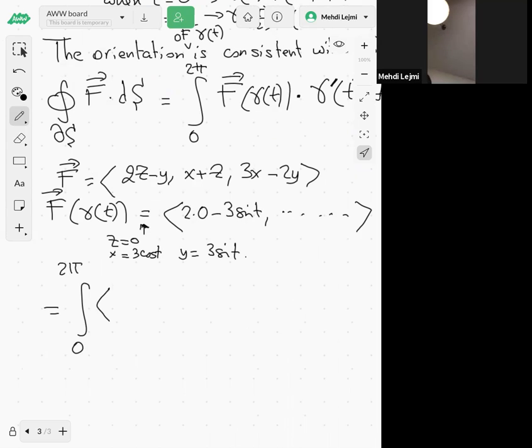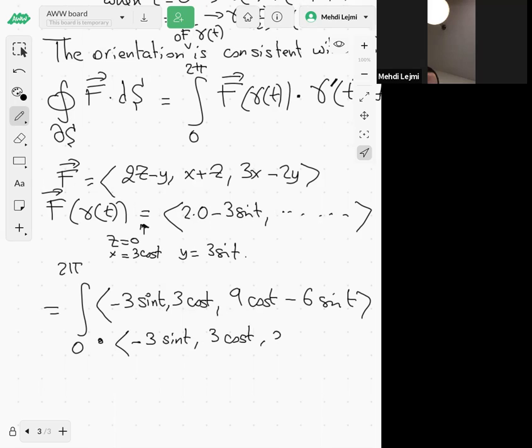So the vector field F along gamma of t would be minus 3 sine of t, 3 cosine of t, and 9 cosine of t minus 6 sine of t. That's my vector field F along gamma of t, scalar product with gamma prime of t. The derivative of sine is cosine, so cosine of t, and the derivative of 0 is, of course, 0.